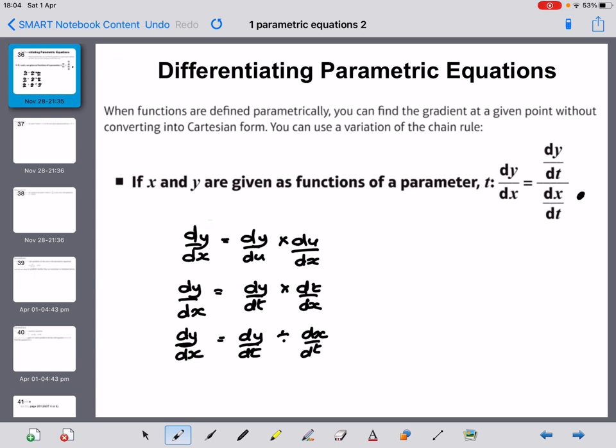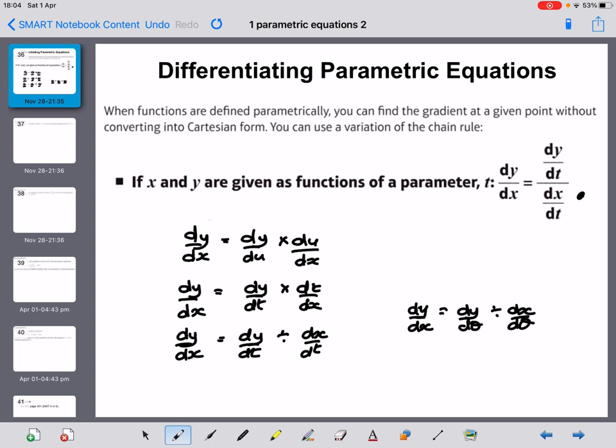It's written slightly differently. So if we've got parametrics in terms of t, we can differentiate each one in terms of t, and then we divide one by the other. And it's the same if it's theta: if you had them in terms of theta, dy by dx would be dy by d theta divided by dx by d theta.